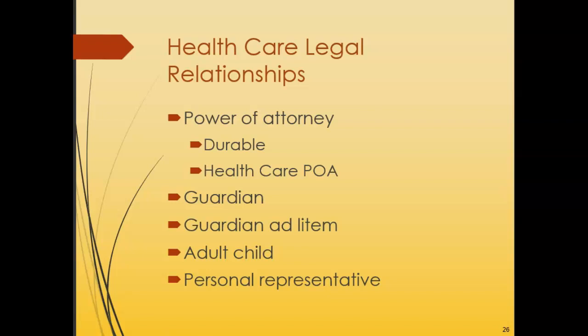Do they actually have a guardian established, or do they have a guardian ad litem that was appointed by the court? Do they have a child that's an adult? And what if there's a whole bunch of siblings that are all adults? Then who is the main one?